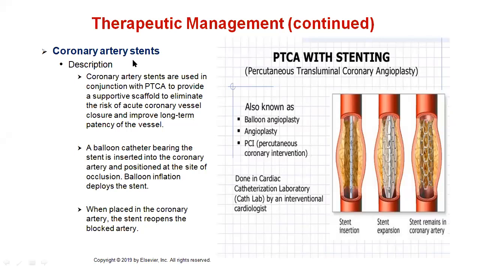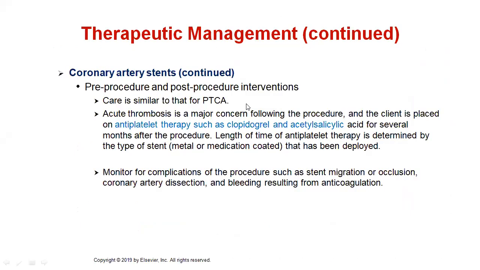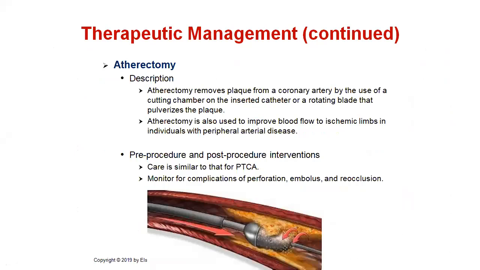The other type is called arteriotomy, which means removal of the plug in the vessel. So in this picture, the plug is removed and reconstructed. This is called arteriotomy: removal of the plug from the coronary artery by use of a cutting chamber on an inserted catheter.